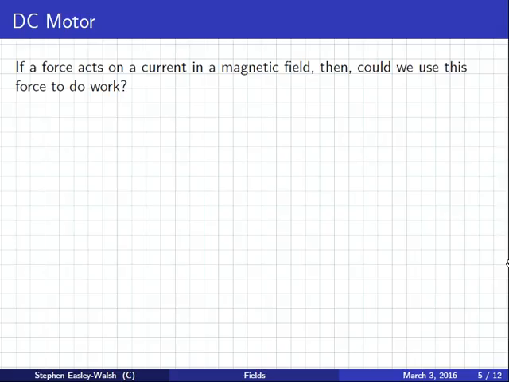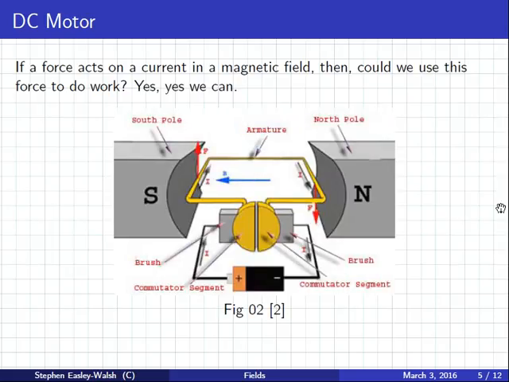Let's say the field is going that way and the current is going this way, then the force will be going up. So could we use this force to do some work because it's turning? We can. This is what a DC motor is.